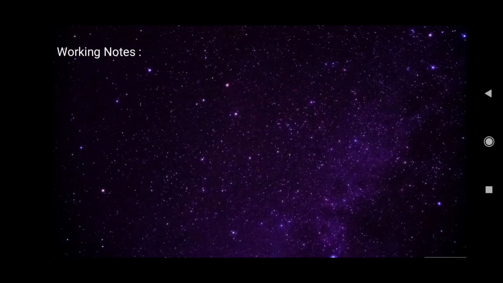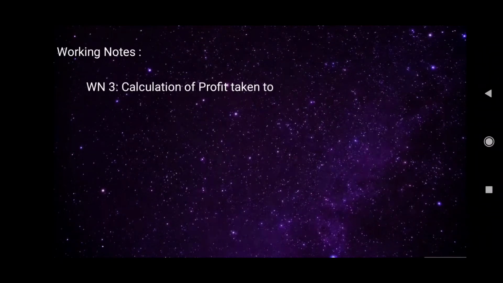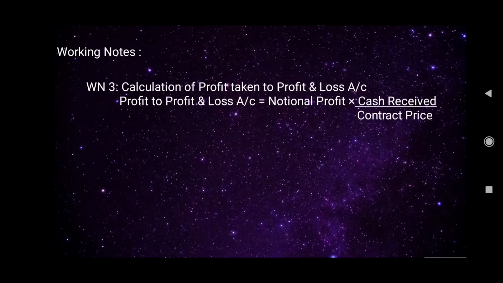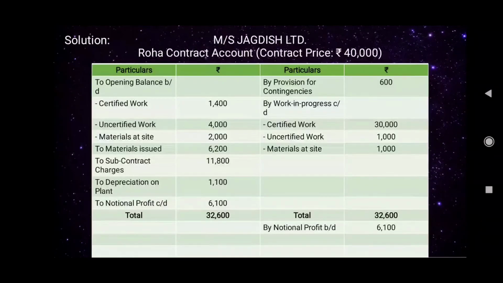So now let us prepare working notes. So working note number 3, calculation of profit taken to profit and loss account. So profit to profit and loss account is equal to notional profit into cash received divided by contract price, which is equal to notional profit, that will be 6100.